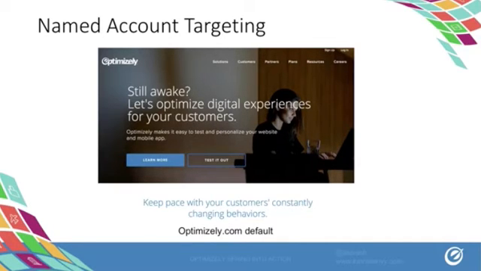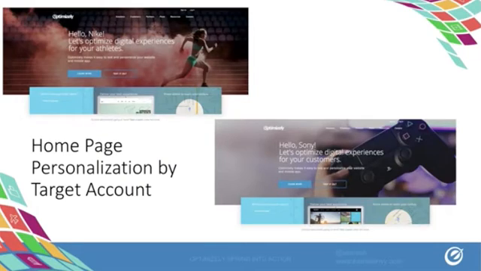But in this example, we worked actually closely with Optimizely to build out a campaign on their homepage that personalizes the entire experience based on the target account you're coming from. You see a couple of examples here, one of Nike, one of Sony, where the entire page was changed through the Optimizely personalization platform and is now being tested against that baseline version.